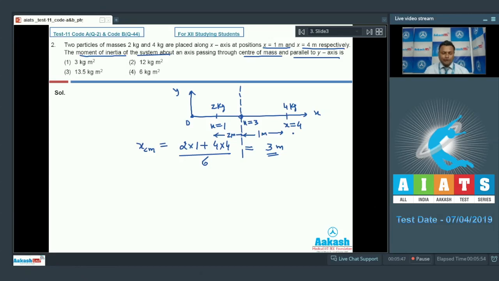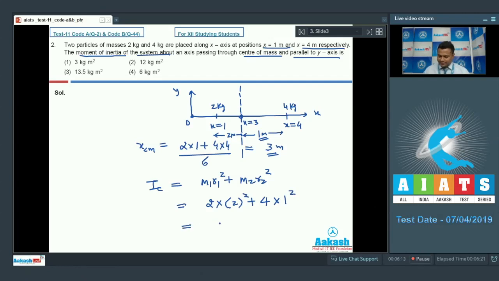Now we can calculate the moment of inertia very simply. I about C equals m1 r1 square plus m2 r2 square. m1 is 2, r1 is 2, so 2 square, plus m2 is 4 and r2 is simply 1, so 1 square.